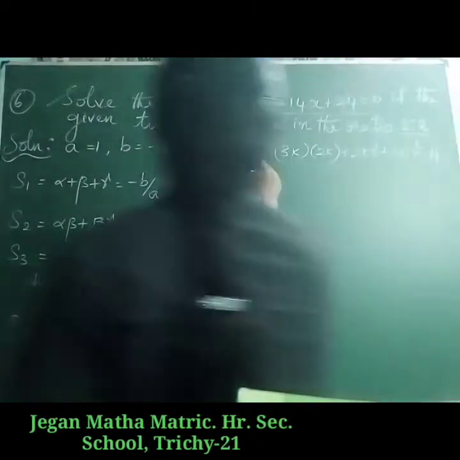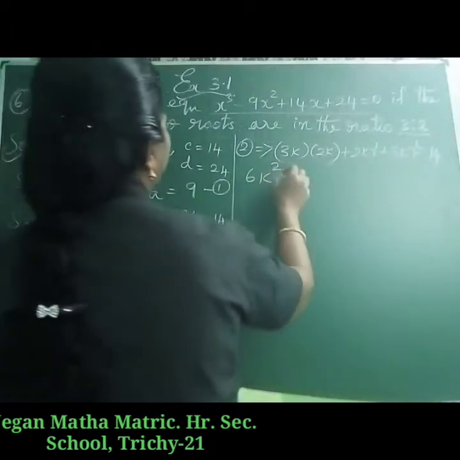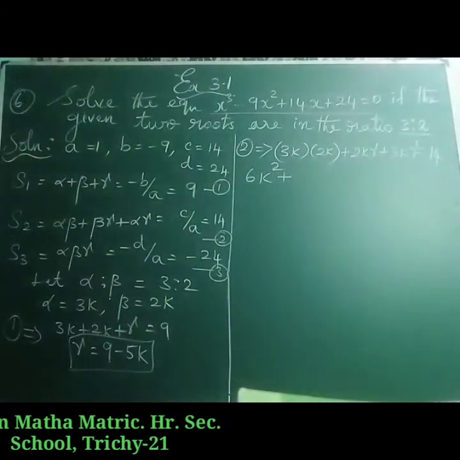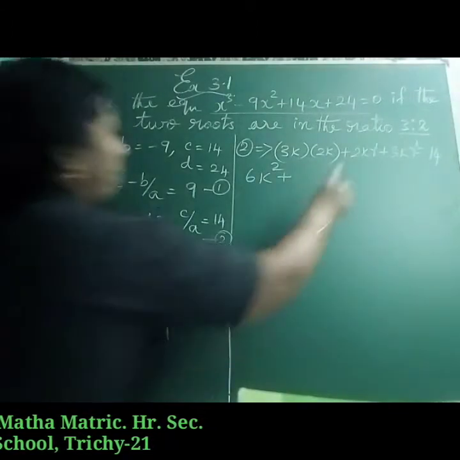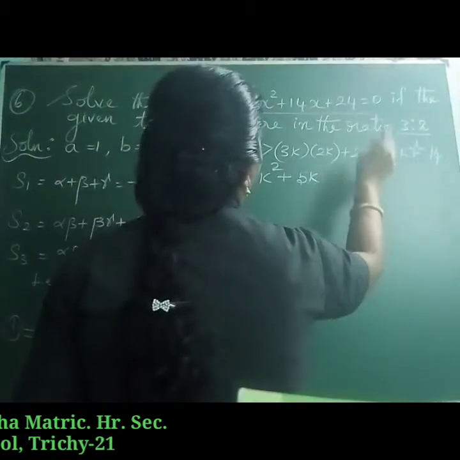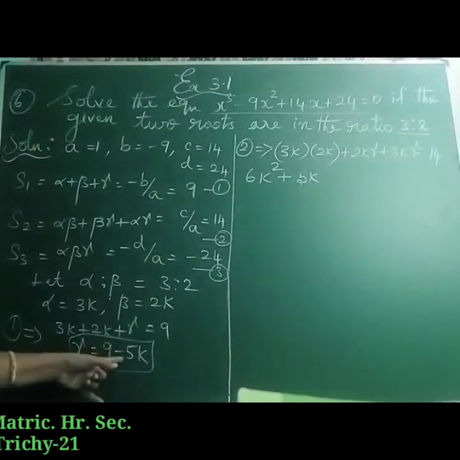Now 6k square, here which is common, we can take out. 2k gamma plus 3k gamma means 5k gamma we will get, where gamma equals 9 minus 5k.